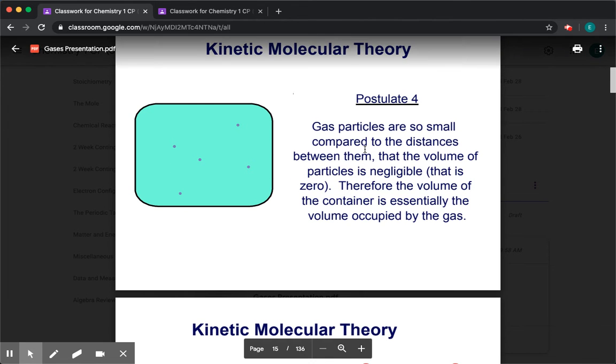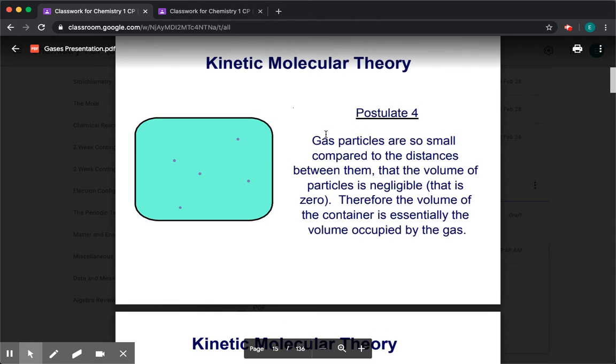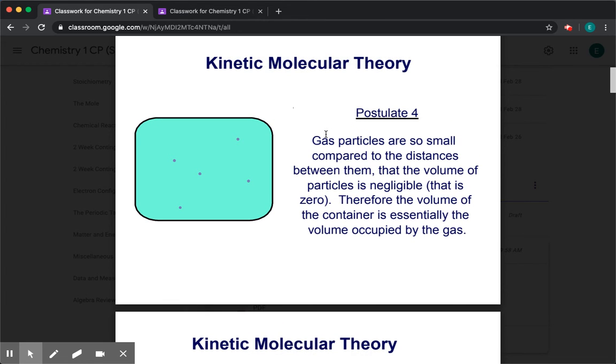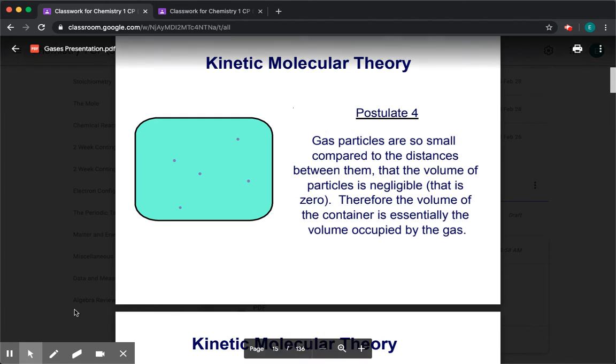The fourth idea is that the gas particles are so small compared to the distances between them. They are so tiny that the individual particles we say do not have a volume.